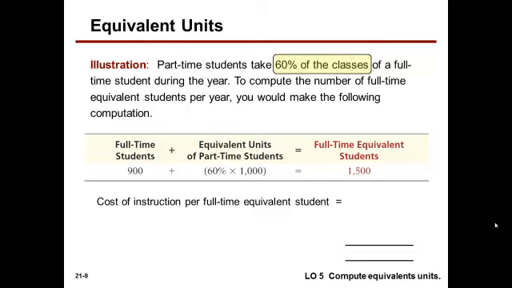Let's make our calculation now of cost of instruction per full-time equivalent student. Our total cost, $9 million, divided by our calculation above, 1,500 full-time equivalent students, for an average cost of $6,000 per full-time equivalent student.